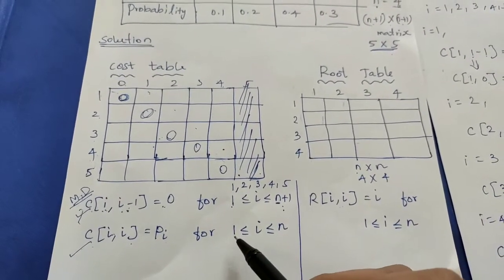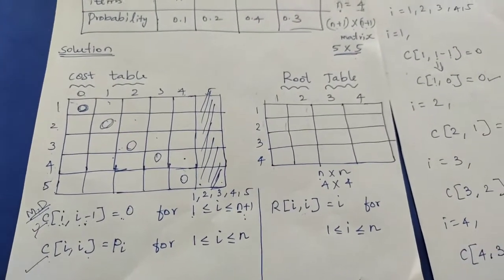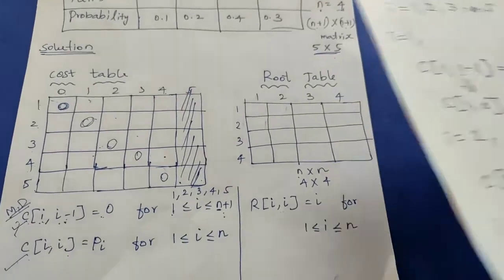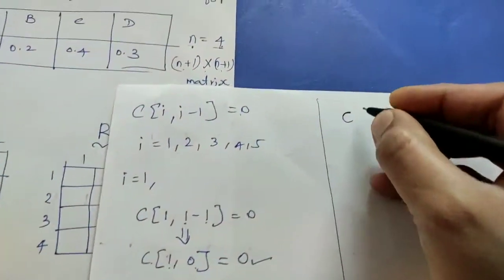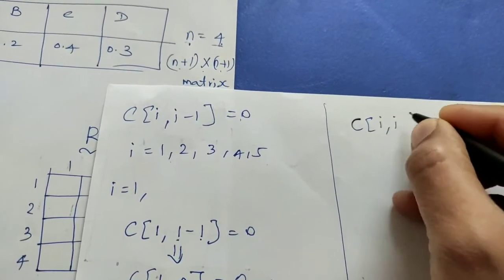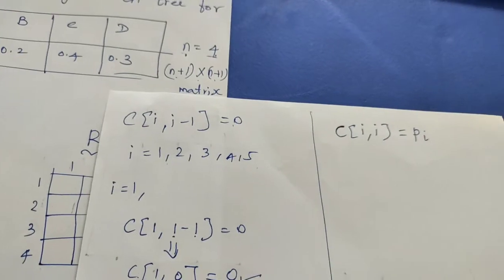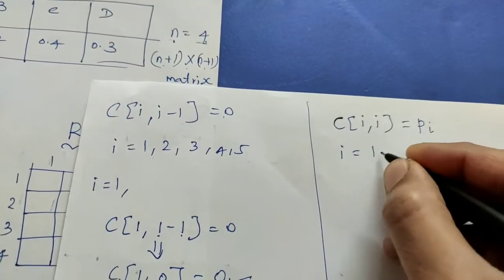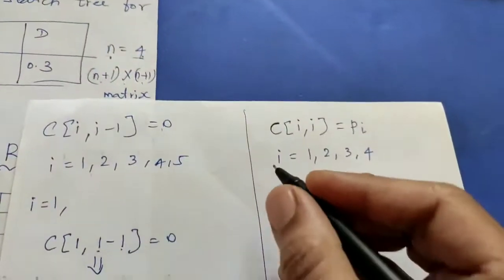I have not given 1 to n plus 1, I have given it as 1 to n. So let us try finding the next upper diagonal part. What is the equation I need to use to fill it? Cost of I comma I should be set with the probability of I. I value starts from 1, it goes up to n. So 1, 2, 3, 4.